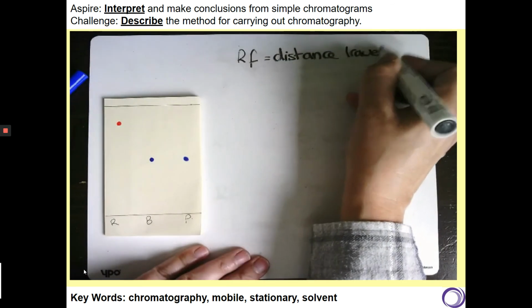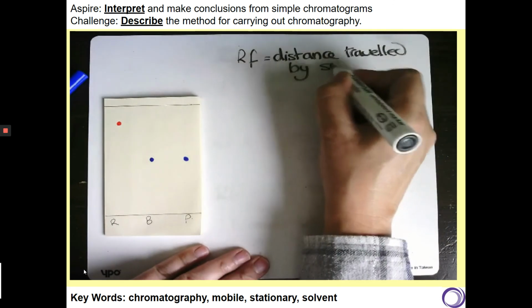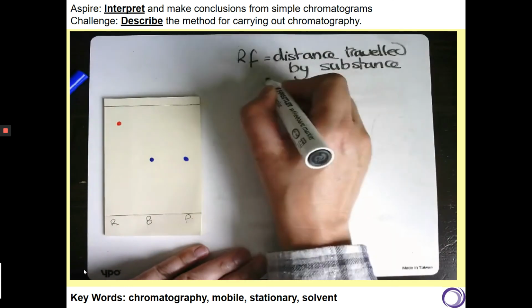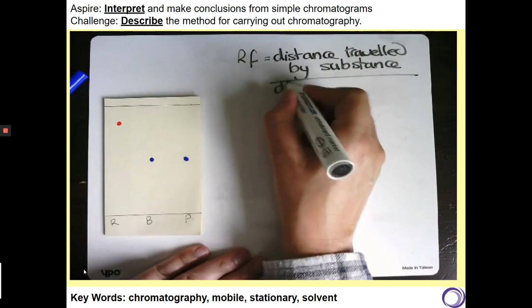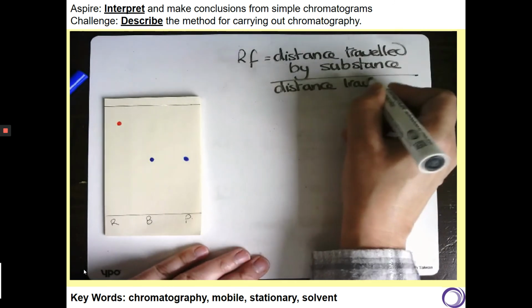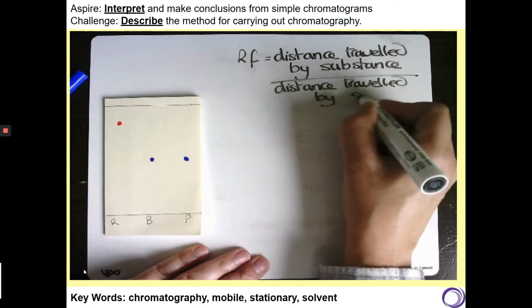So just a reminder then that the RF value is the distance travelled by the substance divided by the distance travelled by the solvent.